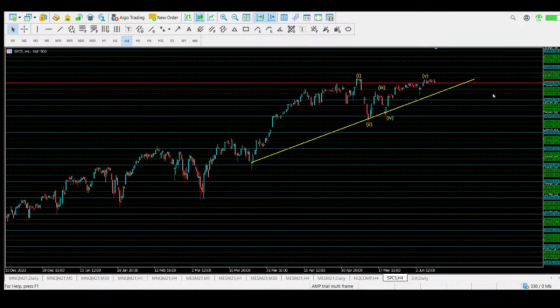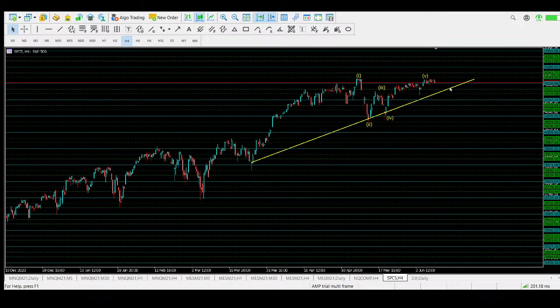If it holds above 4216, we might see a continuation up. 4243, 4244, 4262 are the next levels, and the major one is around 4285.